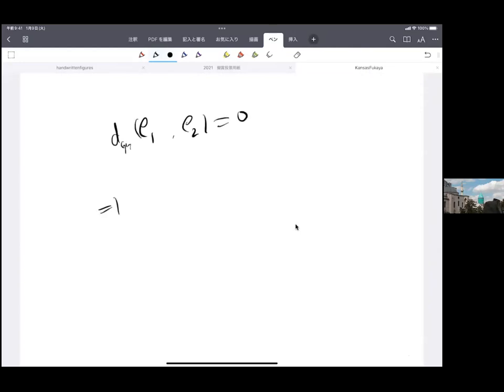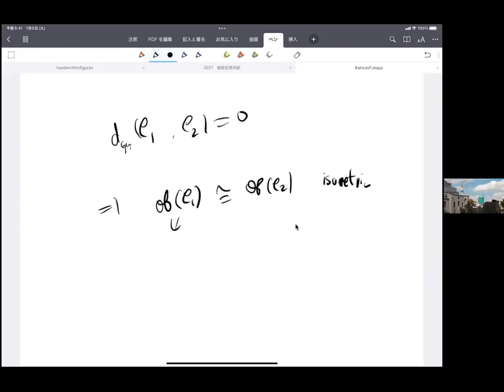What do I mean? We have some objects, which you have not defined yet. Yes, I will define later. The sets of objects are somehow isomorphic. This is isometric. I will explain what the metric is, but together with this metric, they are isomorphic.